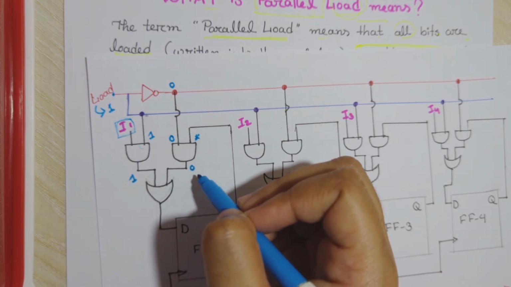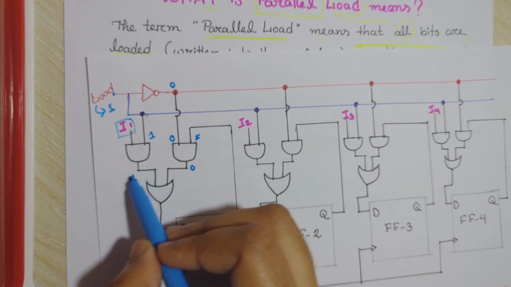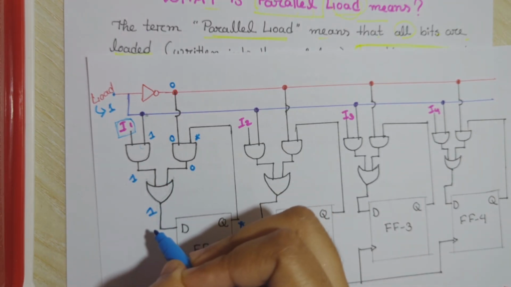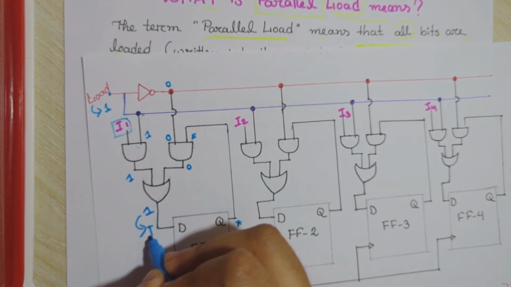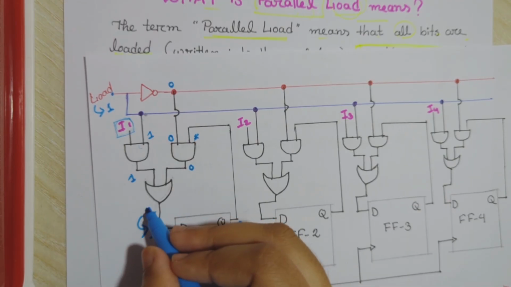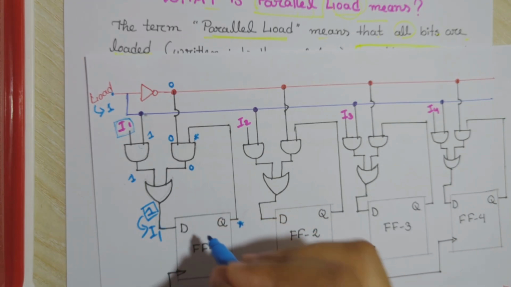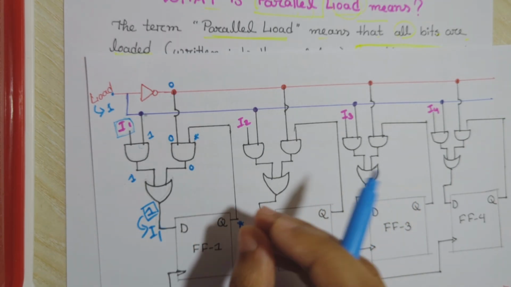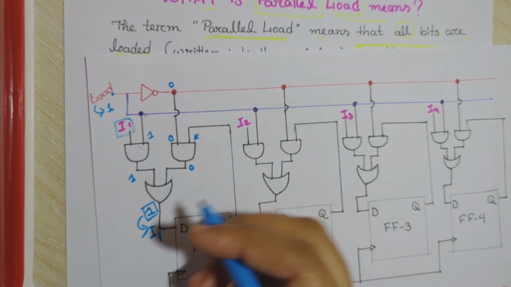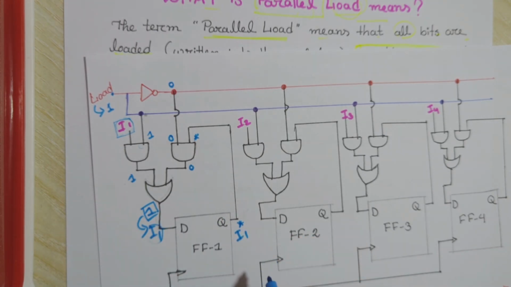So here the output is 0. And for this AND operation, as we got 1 and I1, we will get the input I1 as our output, which means this flip-flop will store new data. This flip-flop will be loaded with the new data I1.